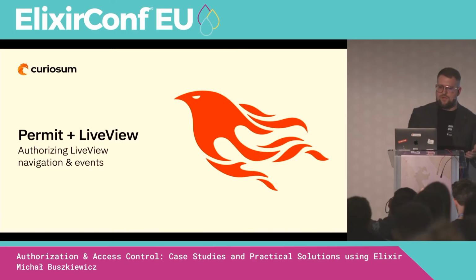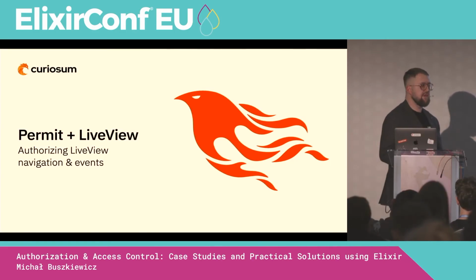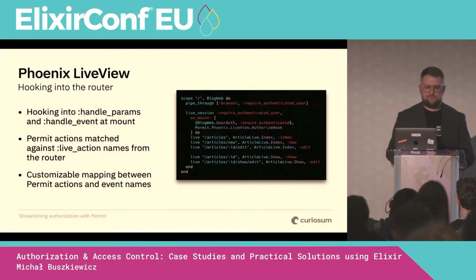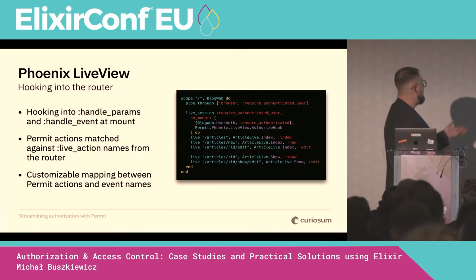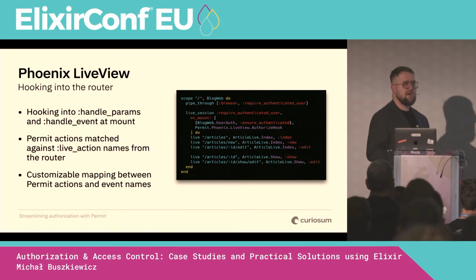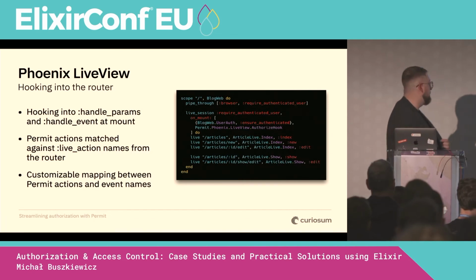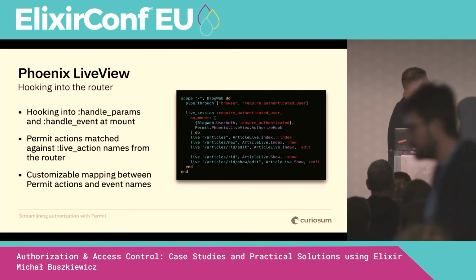So now let's have a look at how it works with LiveView for authorizing LiveView navigation and events. First, we need to hook into the router. So we have the Permit Phoenix LiveView authorize hook, which hooks into handle event and handle params on mount. Permit actions are matched against the live action names from the router.